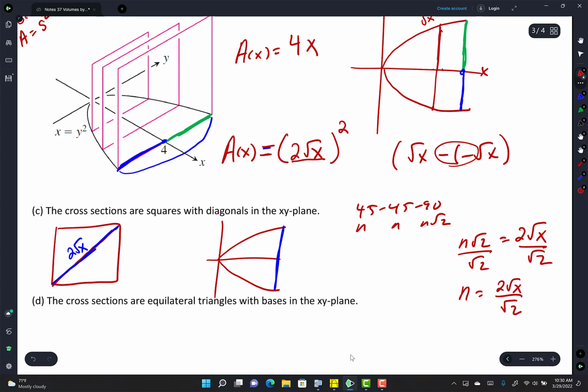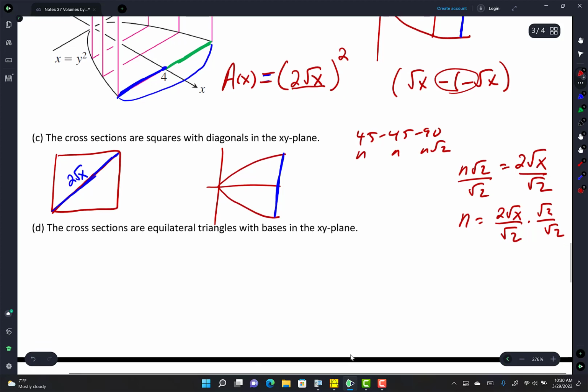But I got to rationalize it. So I multiplied this by square root of 2 over square root of 2. And I got 2. That's a radical and that's a radical, so I can put both of those inside a radical, square root of, law of exponents, 2x over 2. Those 2's cancel out. So I get that one of my sides for that square is square root of 2x.